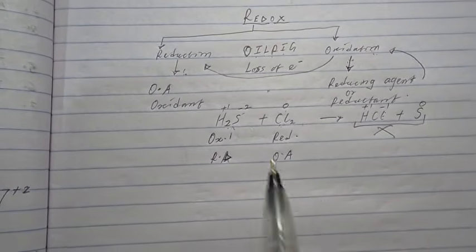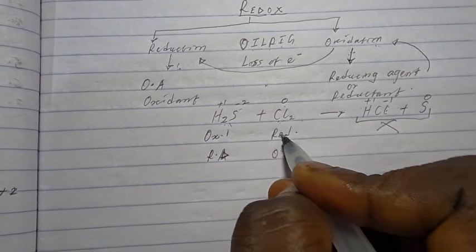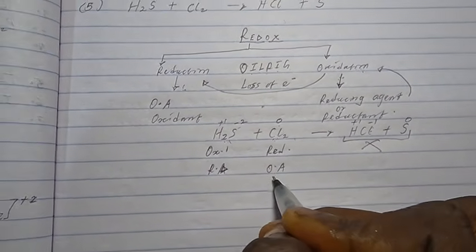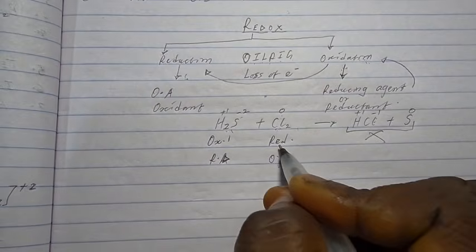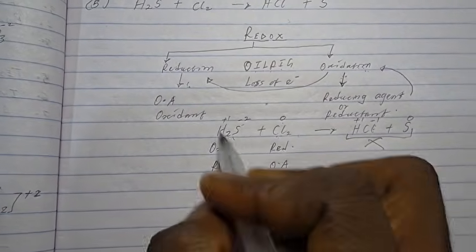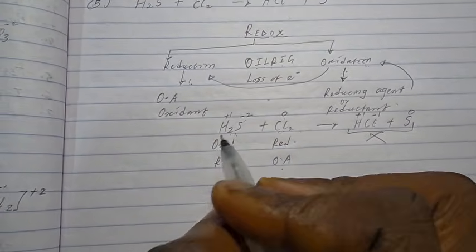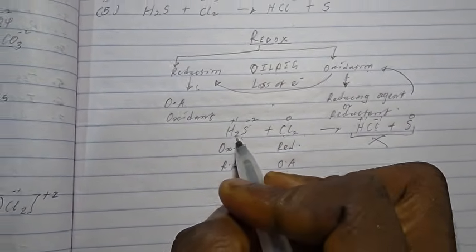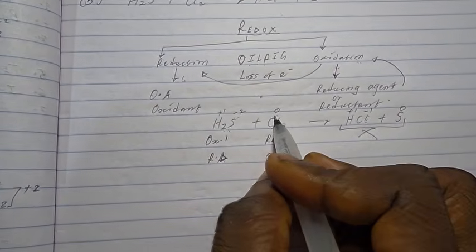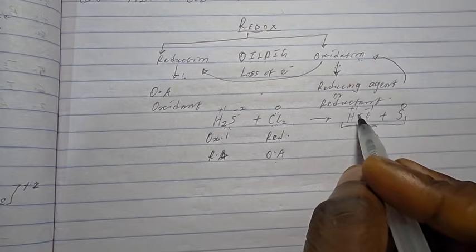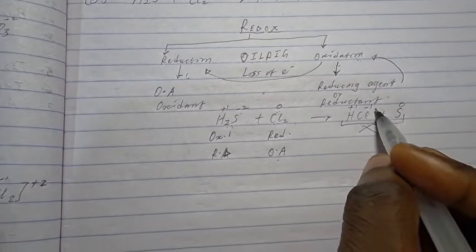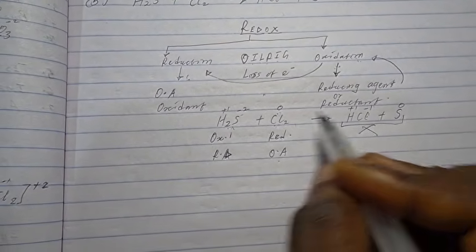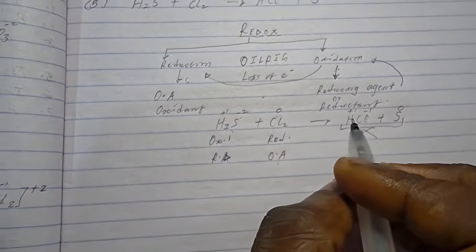So for clarity, why do we have to call the one undergoing reduction the oxidizing agent? It is because there is an electron loss in all of this. The electron lost at a point is gained by one. Chlorine going from 0 to -1 shows that it has gained electron. If you remember, -1 means it has gained electron, 0 means it was neutral.